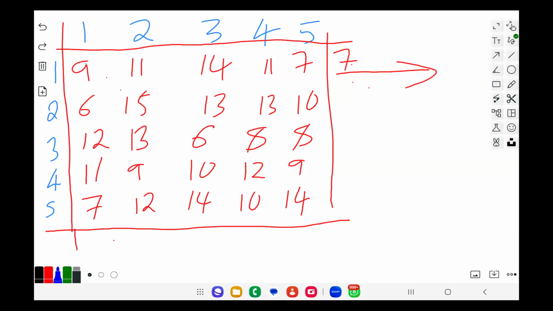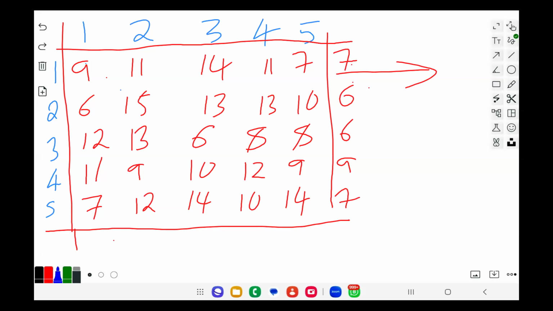And when you come to the second row, 6 is the smallest. In the third row, 6 again is the smallest. When you get to the fourth row, 9 is the smallest. And finally, 7 is the smallest in the last row.